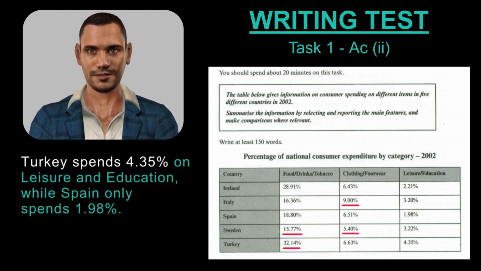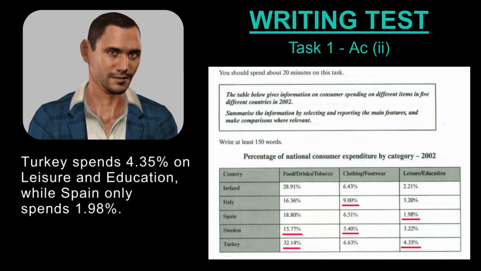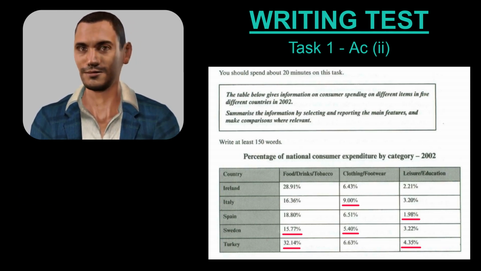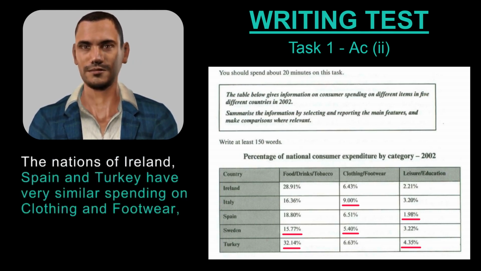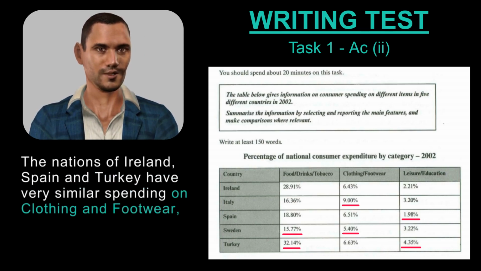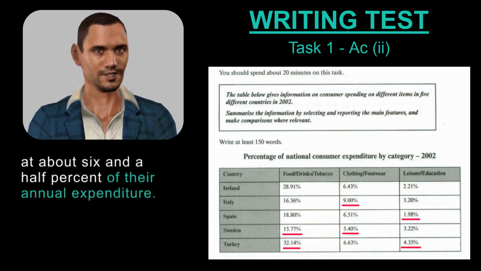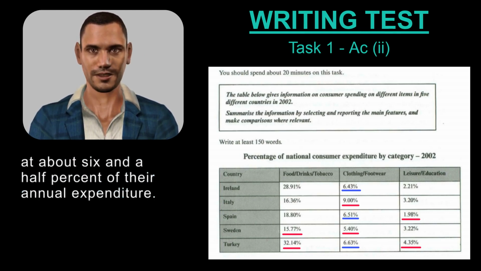Turkey spends 4.35% on leisure and education, while Spain only spends 1.98%. The nations of Ireland, Spain, and Turkey have very similar spending on clothing and footwear, at about 6.5% of their annual expenditure.